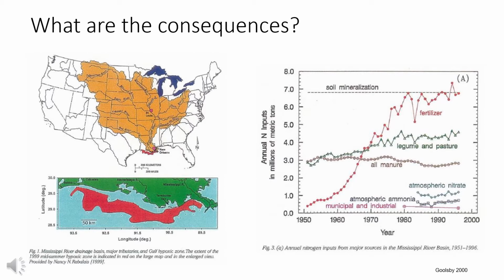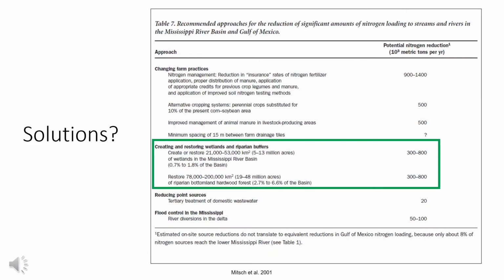Other consequences of the wetland drainage in the Mississippi River Basin include increased flooding, loss of wildlife habitat, and increased erosion. So, what are some possible solutions to these problems? Well, if we look at some of the root causes of the problems, like wetland loss, it would make sense that bringing wetlands back should be considered.